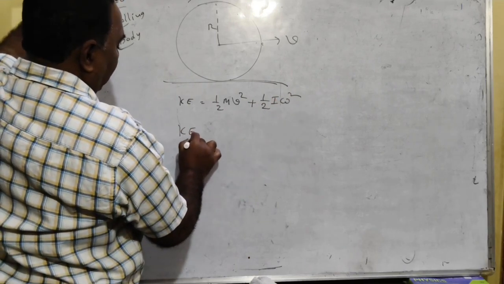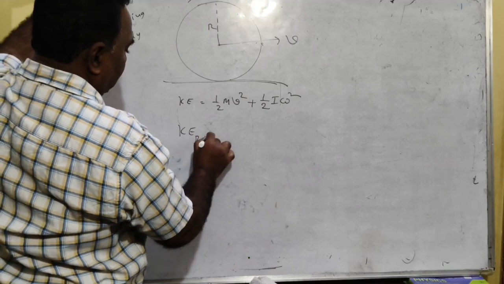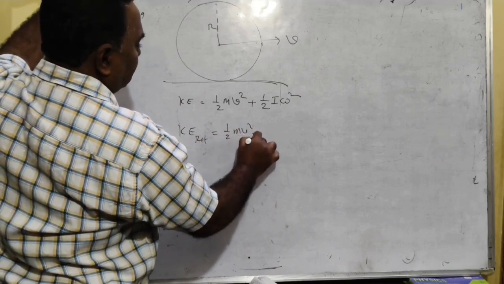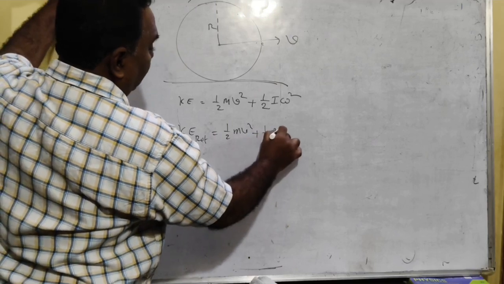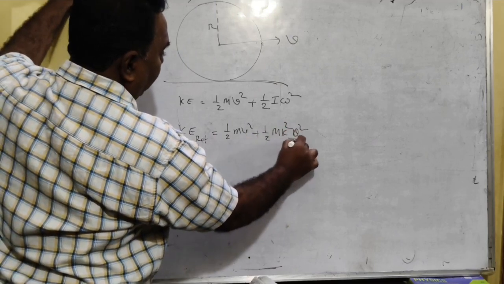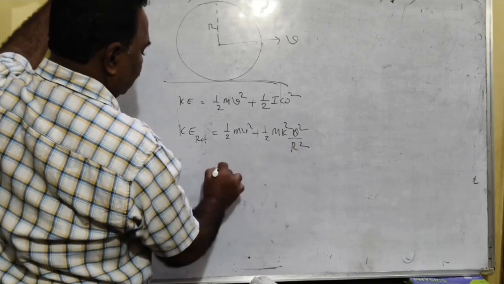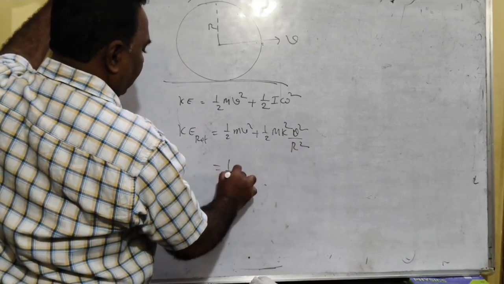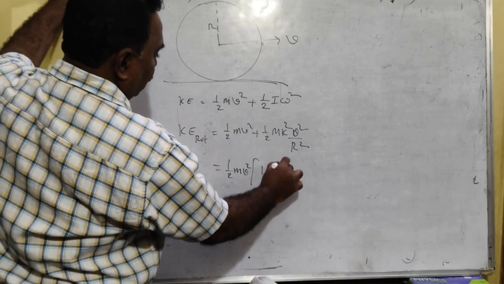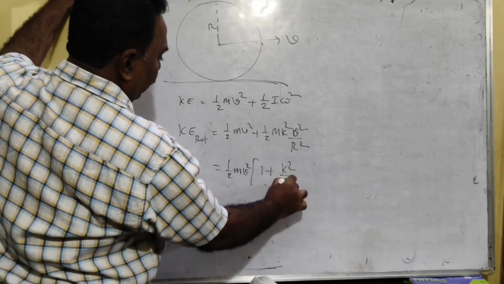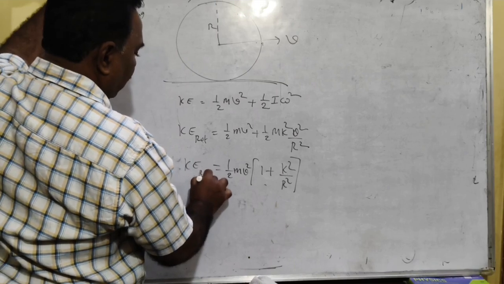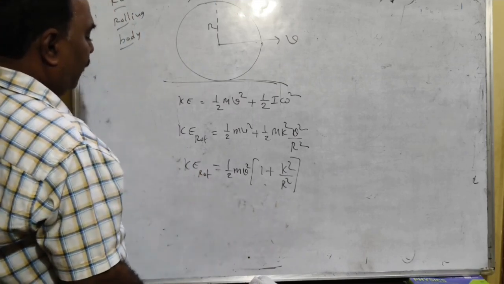Therefore, KE total is equal to half m v square plus half m k square, k being the radius of gyration, into v square by r square. Taking half m v square common, we get 1 plus k square by r square. This is the total kinetic energy of the rolling body.